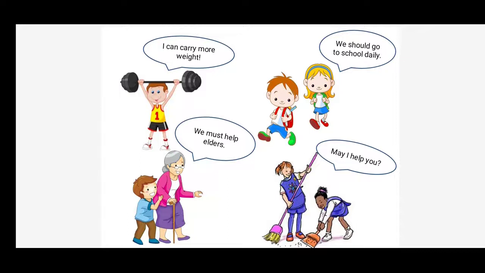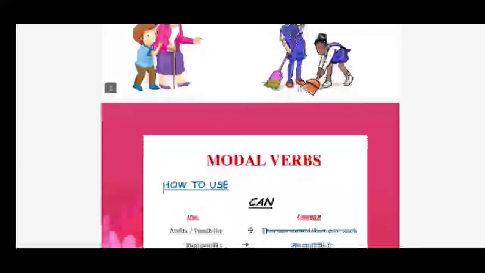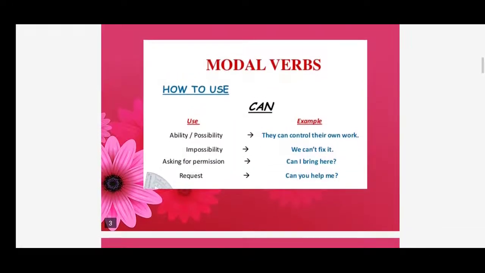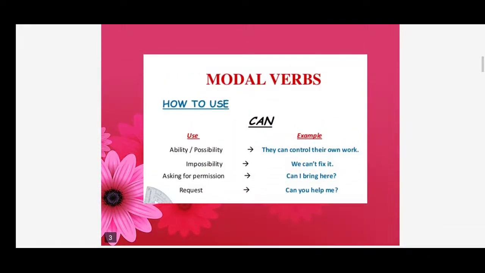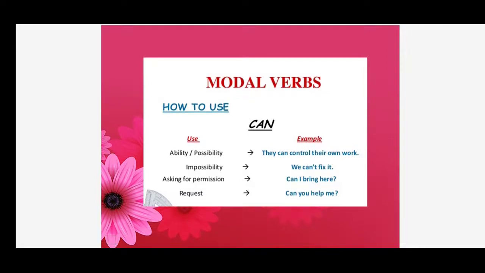So let's start, and the very first modal is can. Now about can, you must know certain things: can is informal. That means it is not used for formal use. And when to use it?